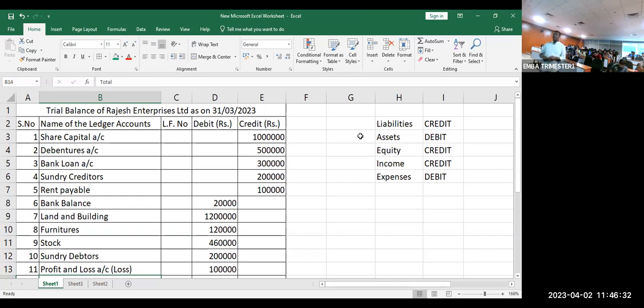I'll also open it here. Can you see the financial statements of Tata Motors 2021-22? The financial statement has the income statement or P&L account and the balance sheet.